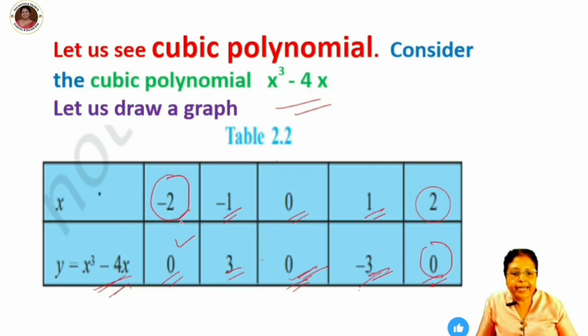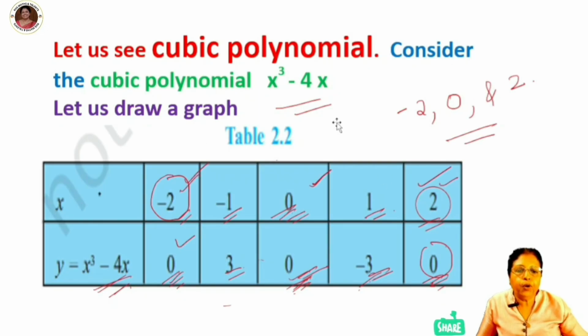So x equal to minus 2 gives y equal to 0, x equal to 0 gives y equal to 0, and x equal to 2 gives y equal to 0. That means the zeros of this polynomial are minus 2, 0 and 2.